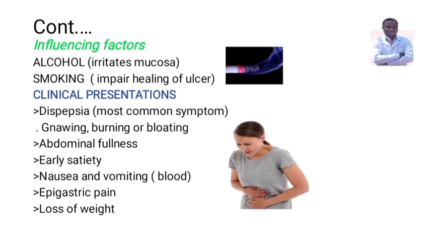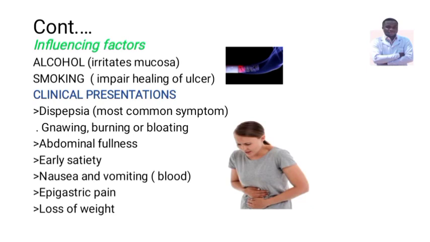Through clinical presentation, we have dyspepsia as the most common symptom: the gnawing, burning or bloating sensation, mostly in the epigastric area, the epigastric pain. But also we have abdominal fullness and satiety.